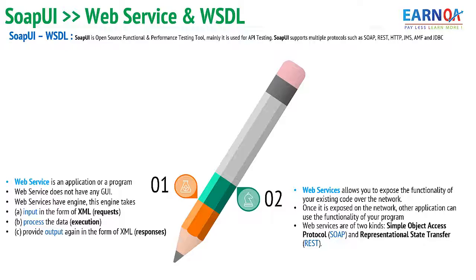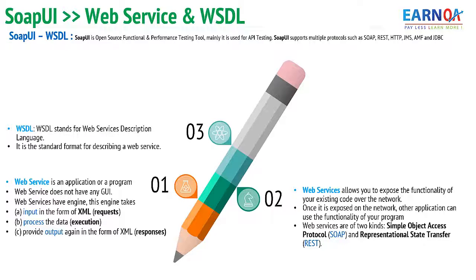But at this point of time, a web service is a program or an application which contains certain methods, services, or functionalities which can be exposed on the internet. There are two kinds of web services available globally: SOAP protocol based services and REST services. So let's go and understand now what exactly is the WSDL.